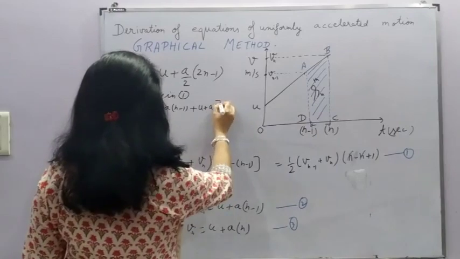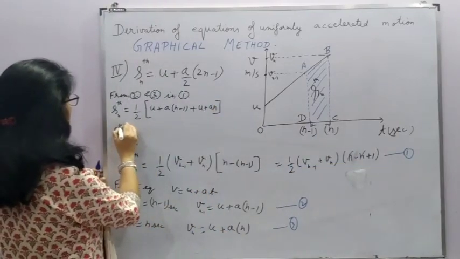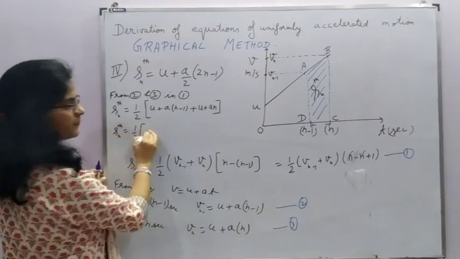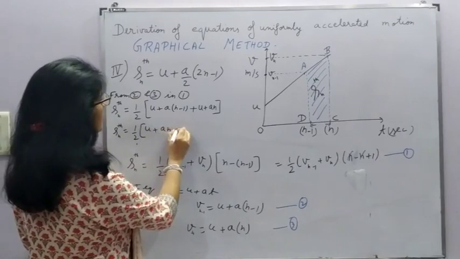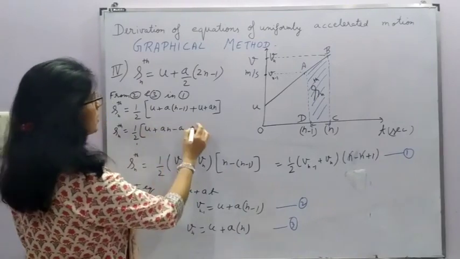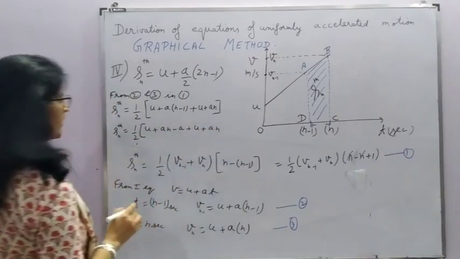Rest is 1 over here. So S nth is equal to half, U plus A n minus A plus U plus A n, right?